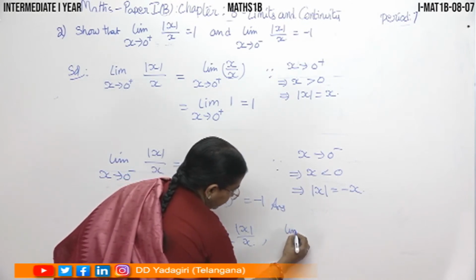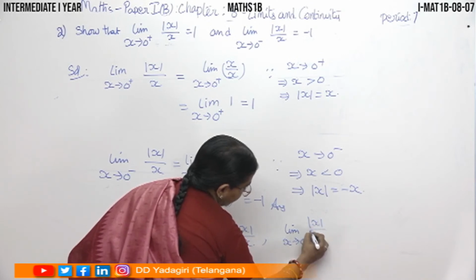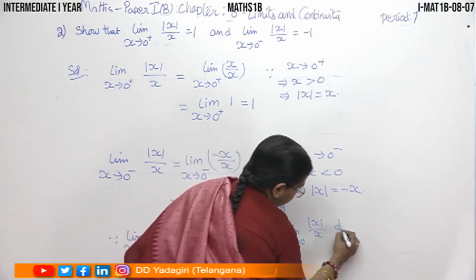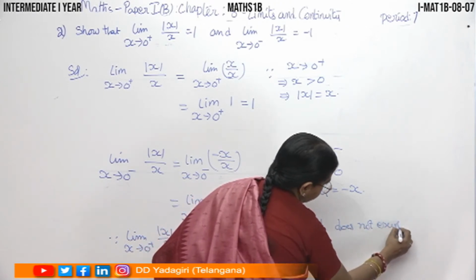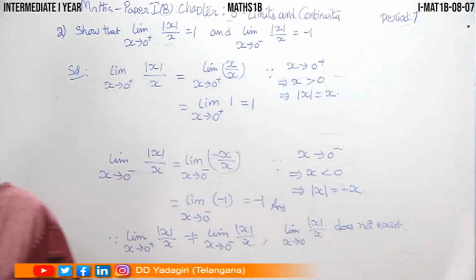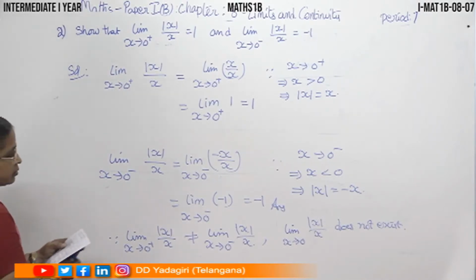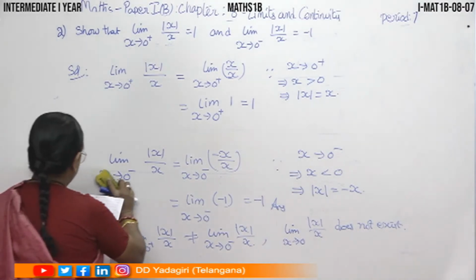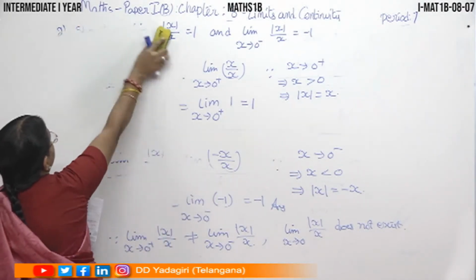Therefore, limit x tending to 0 of mod x by x does not exist. So like this we do the problem. Okay, next problem. So this problem is very important. Okay, next problem.